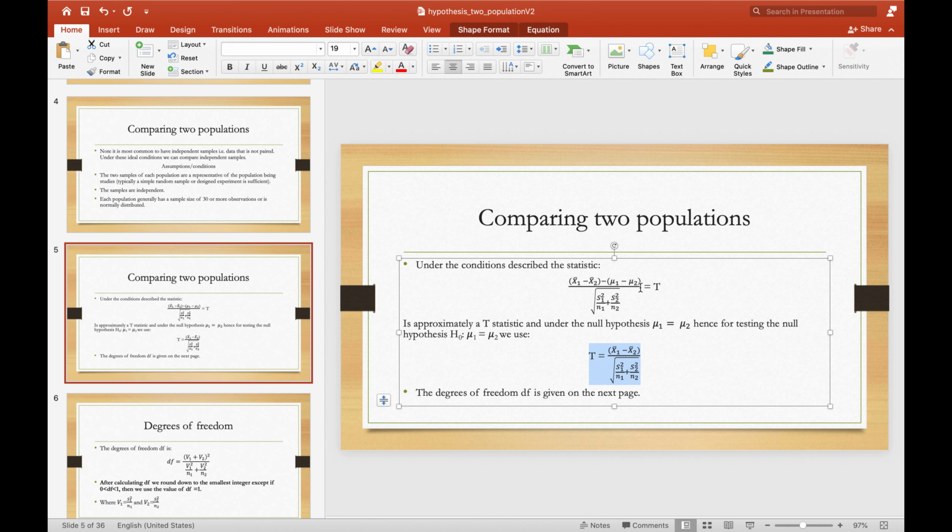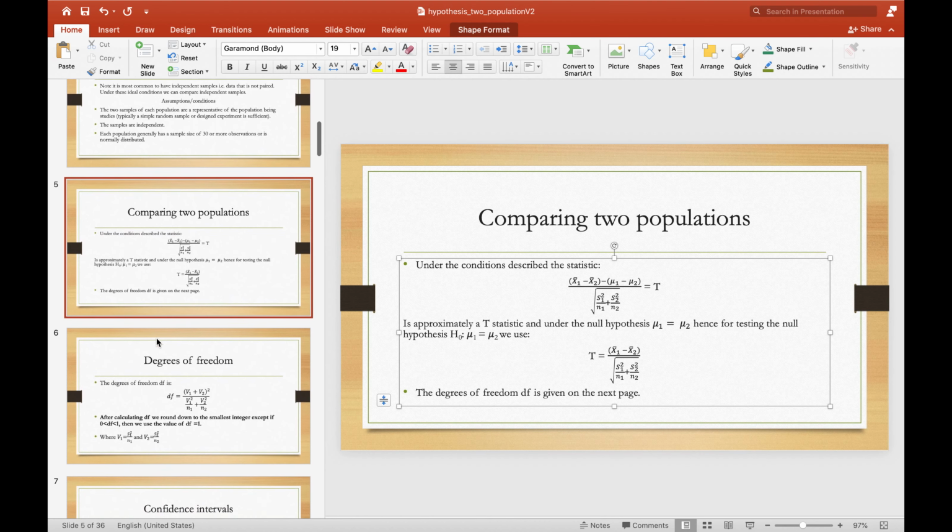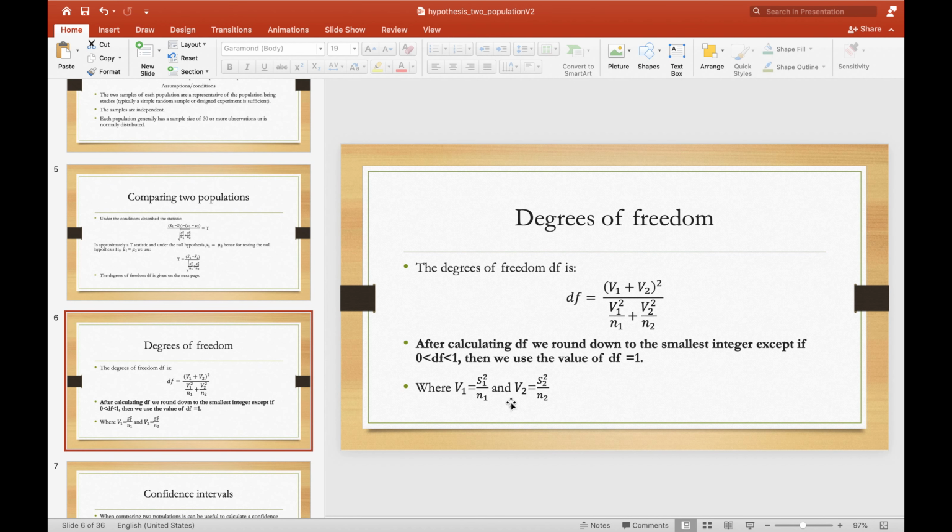Now, the degrees of freedom that you have to use in the t-distribution is a little bit more complicated than before. It's given by this formula. And I want you to be a little bit careful. This gives us a number, and it might be like 4.67, and we round down to degrees of freedom of 4.